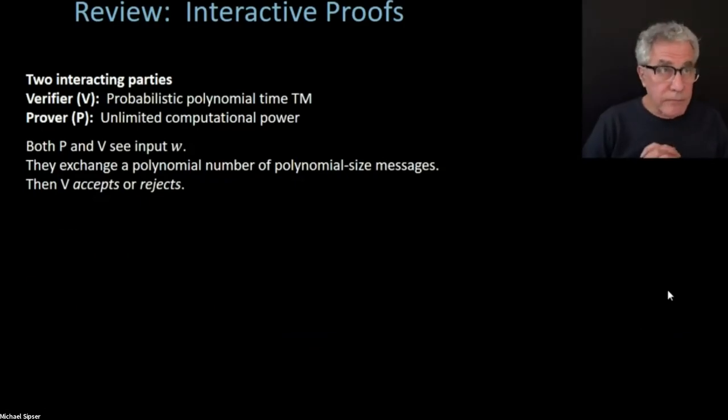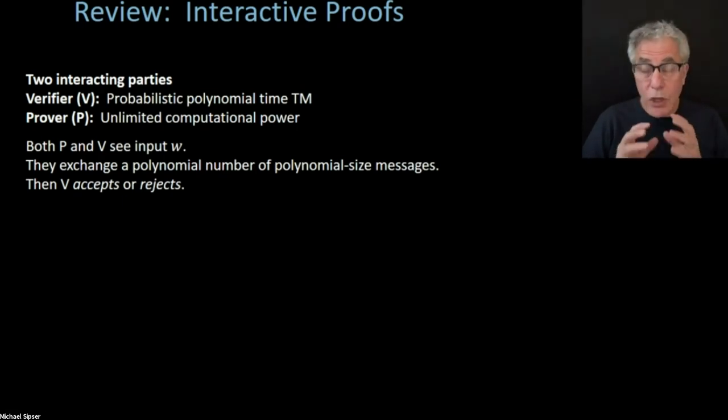Just remember, interactive proof systems have these two parties, the prover and the verifier. The prover has unlimited computational ability. I kind of modeled that as an army of students, perhaps, who can work all night and use computational resources.